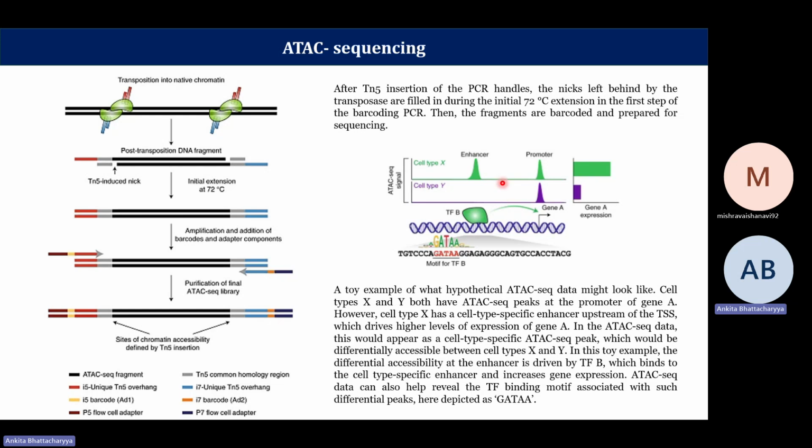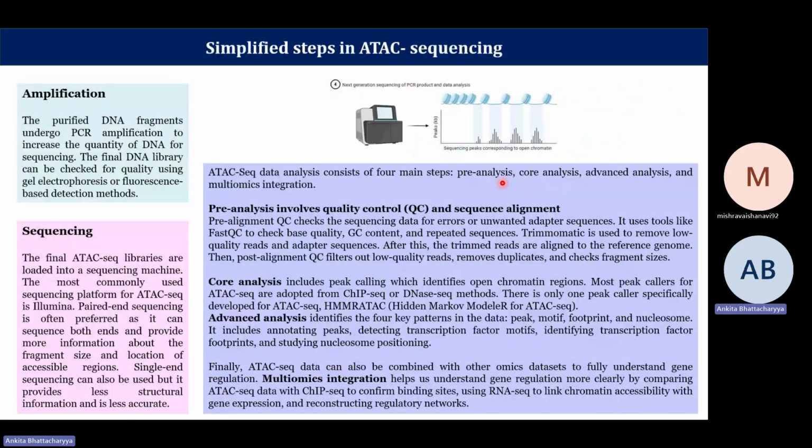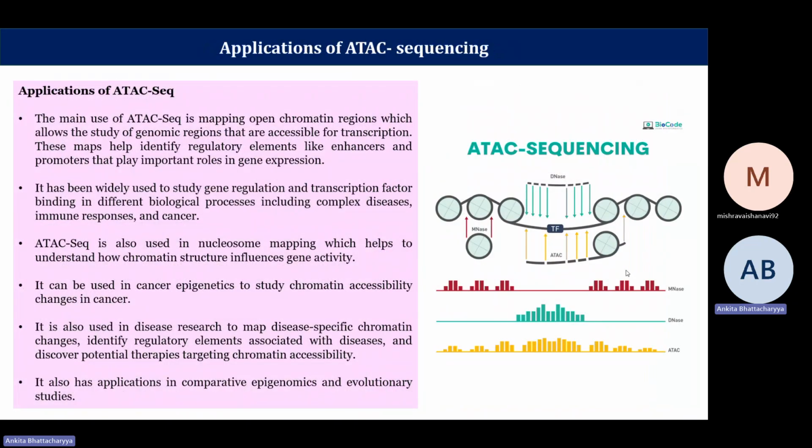So MNase and ATAC-seq are going to give you kind of similar outputs. If you remember this, where is it? Yeah, this figure, not MNase, sorry. Yeah, MNase and ATAC-seq is going to give you similar outputs in context of nucleosome-bound regions.